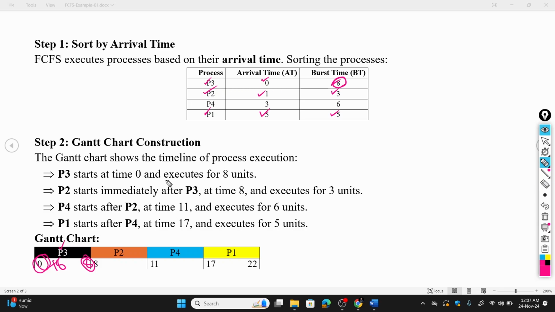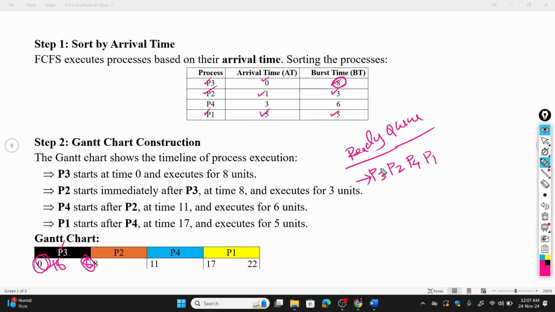Now P2 starts immediately after P3 because in the ready queue, first arrives the P3 process, then the P2 process, then P4 and then P1. This is the arrival order of our processes.